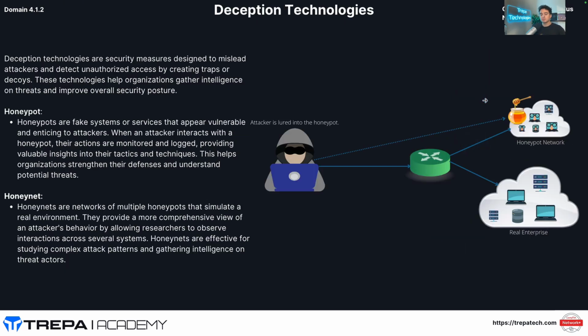Deception technologies. Deception technologies are security measures designed to mislead attackers. Honeypots, honeynets. They allow people to access what attackers may believe is the real network or the enterprise production network, so that we can then see and track their TTPs, okay? So we have two terms here we're going to go over. A honeypot. These are fake systems. This could be a VM that I put in the cloud, that I open up some ports, give it a public IP, like an external facing IP.